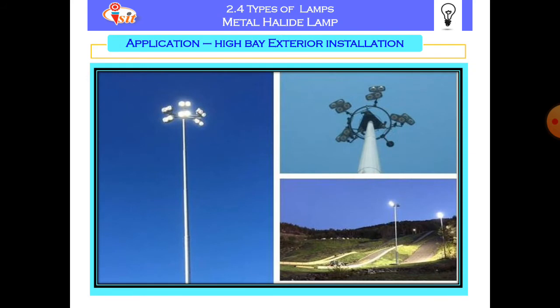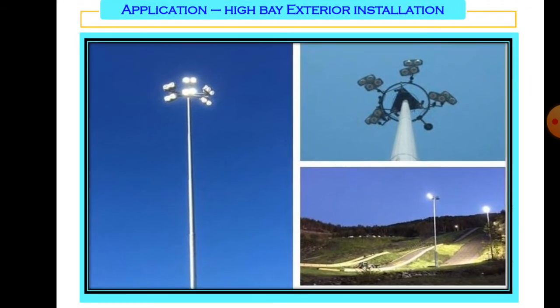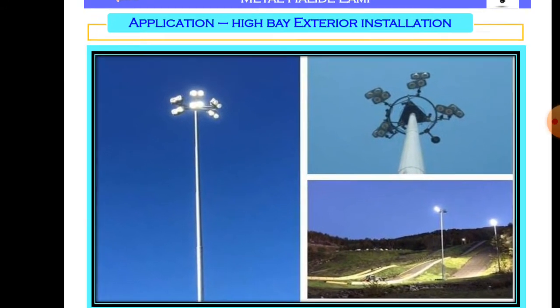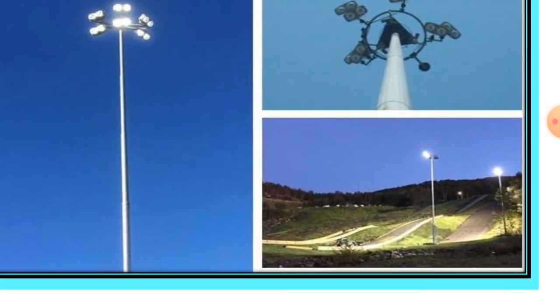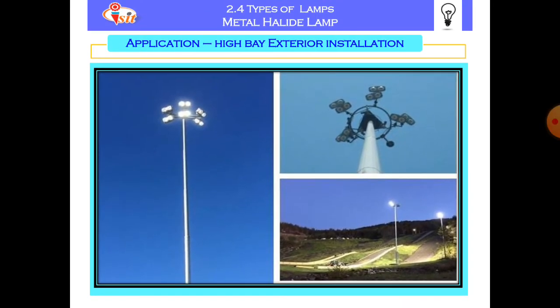So here for the exterior installation there is a supporting tower or supporting pole on which the series of fixtures for the metal halide lamps are mounted, and it looks like a guiding tower. So after it illuminates, it gives a white bright light onto the working plane.